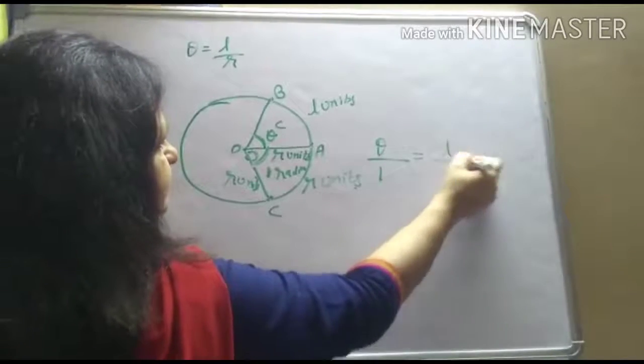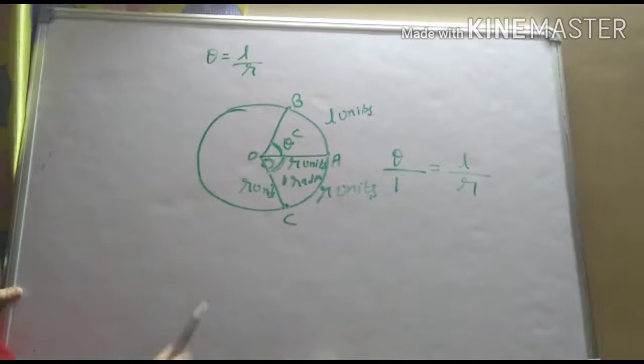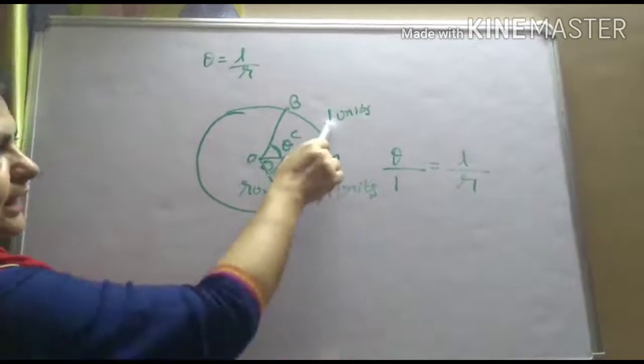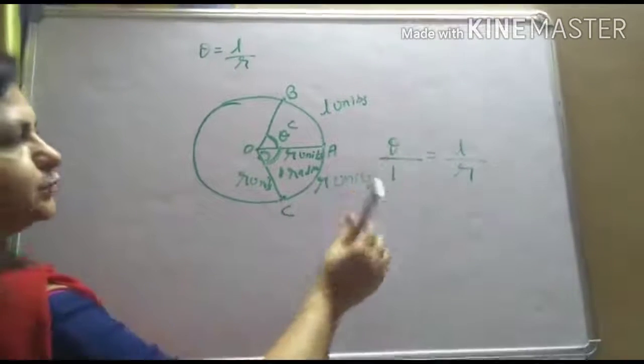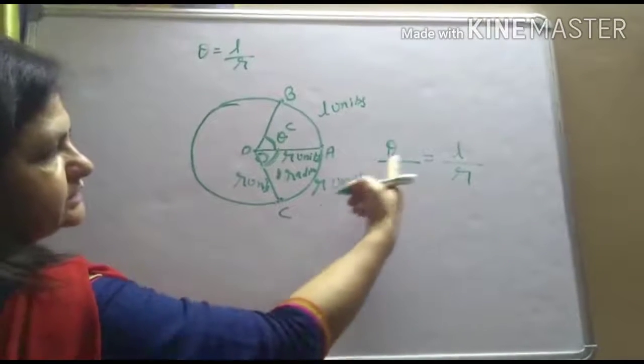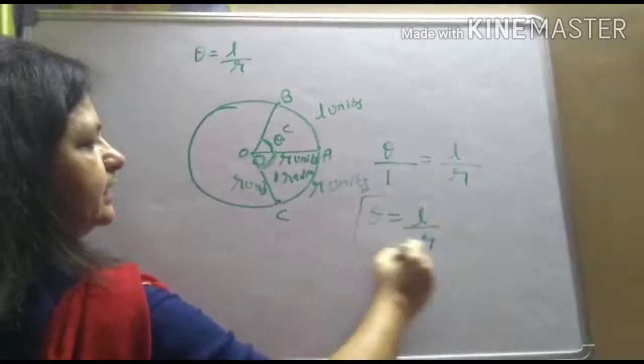Now it means L units upon R units, and the units of both L and R should be the same. So in this way we can say that theta is equal to L by R.